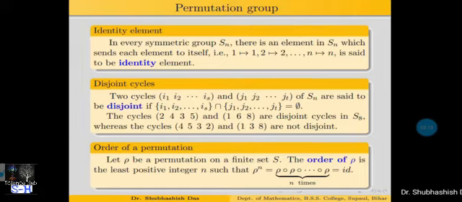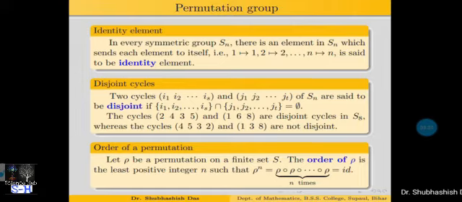What is disjoint cycles? Consider two cycles in Sn. We say these two cycles are disjoint if their corresponding sets have empty intersection, right?